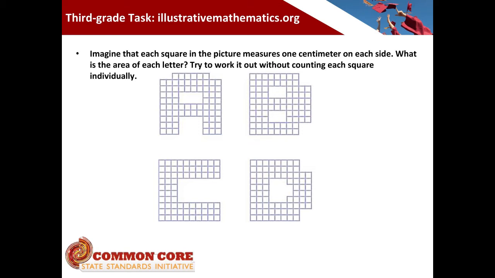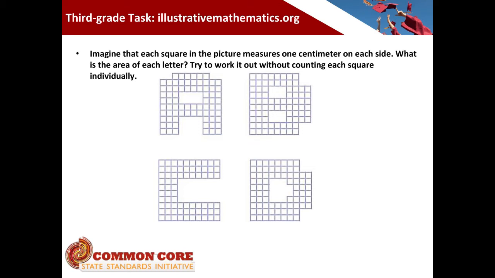Now, if you have a 3rd grade class and you're trying to scaffold this task, you could do a divide and conquer where different groups would do different letters. You could find the area of one and use that area to estimate the area of the next one. Does it look like there are more squares or fewer squares in this one?